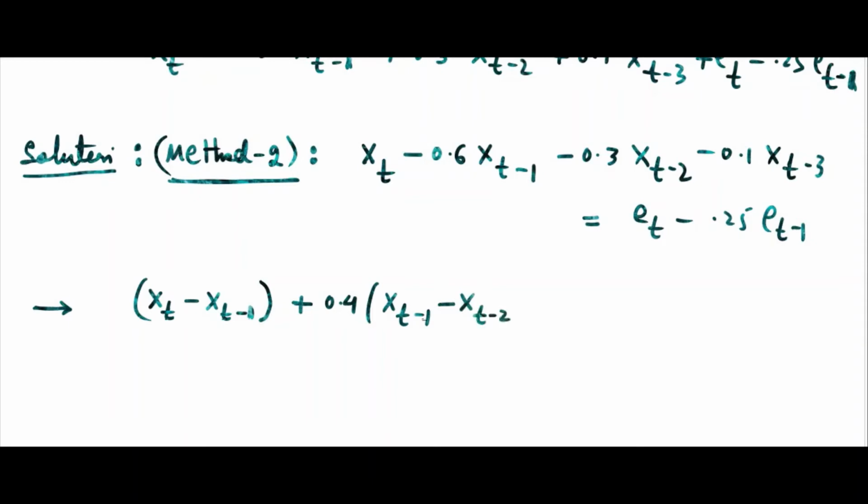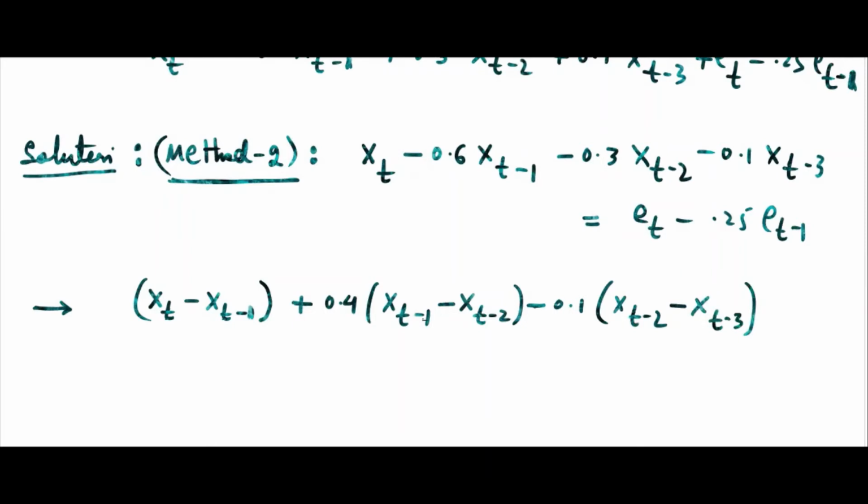If this way you are not able to do it, then that's fine. We'll check: 0.2 xt minus 1 minus xt minus 2. I have 0.4 xt minus 2, but I have minus 0.3, so I have to write minus 0.1 xt minus 2. So you check, yes, we have minus 0.1 xt minus 3. That's fine. Minus xt minus 3. So if I write a minus here, I should get plus 1.